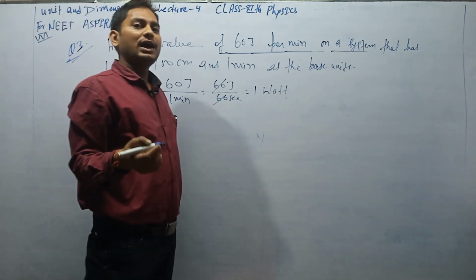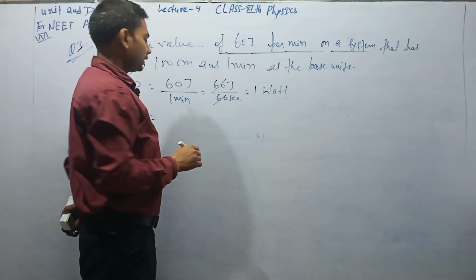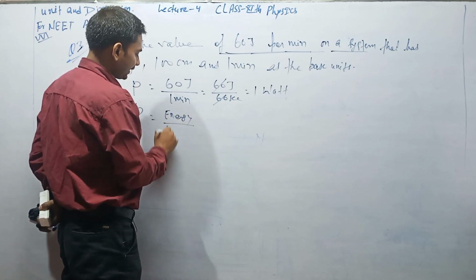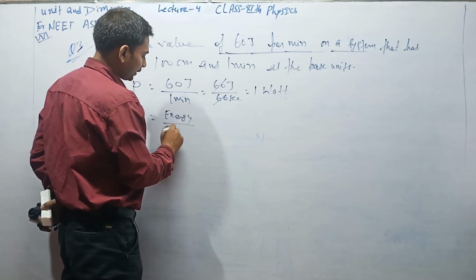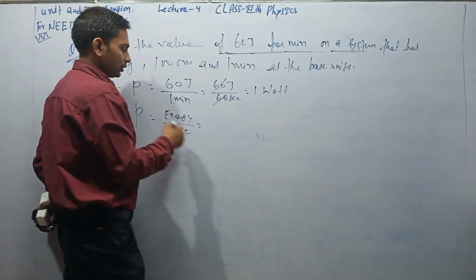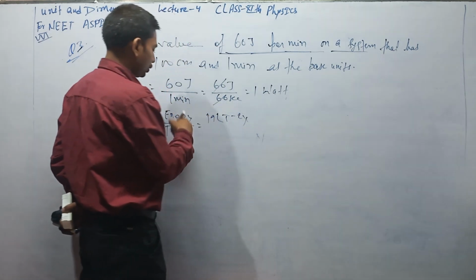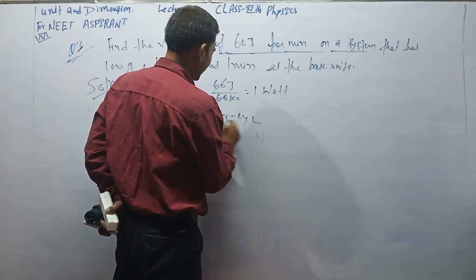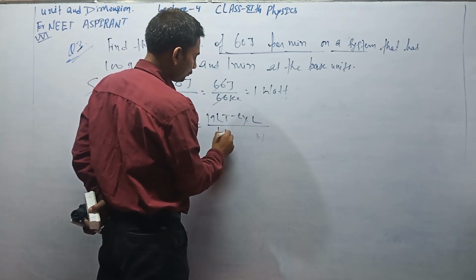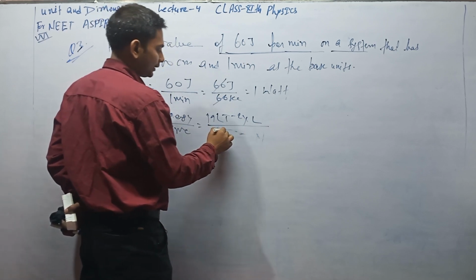And what is the dimensional formula of power? Power is equal to energy per unit time. Energy is force into displacement, that is mass into acceleration into displacement, length upon time, sorry, time t.